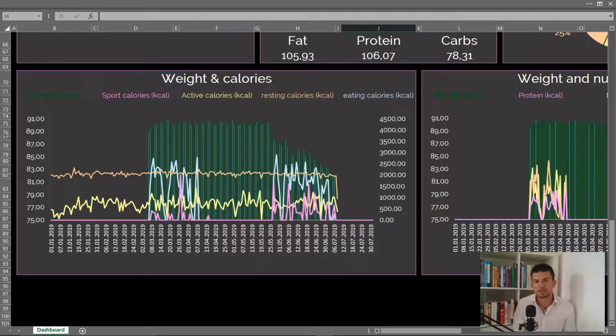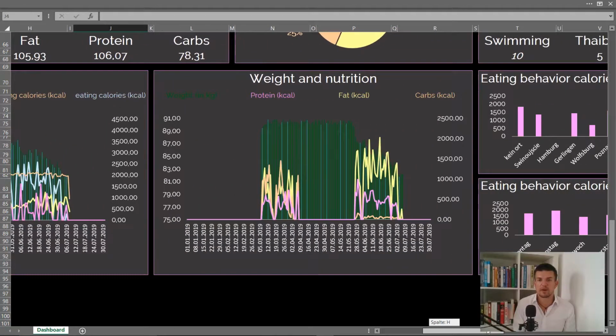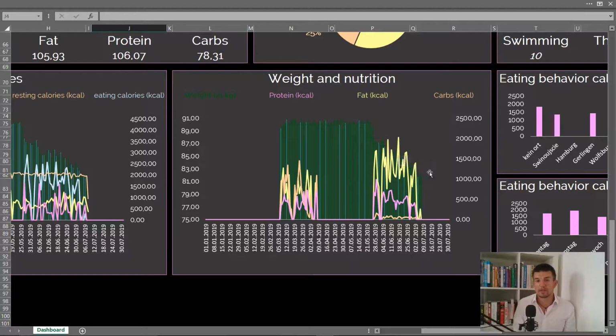So decreasing calories and increasing sports behavior. My weight drops when I decrease calories, increase sports behavior, and also when I increase fat and decrease carbs, because here we have carbs around 81 grams, and here around 20 grams.